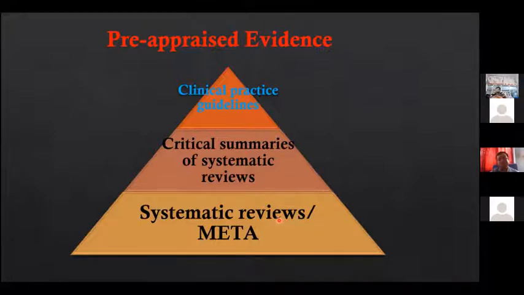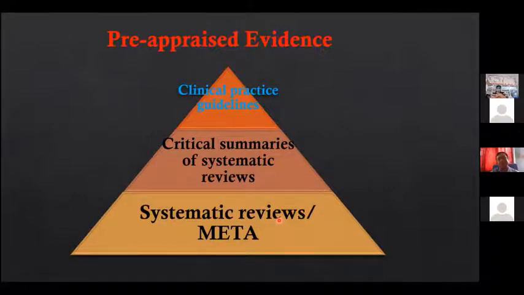All of you have done a review of literature. These systematic reviews are an advanced form of that literature review. In this, all the articles are combined together, and then all these articles are considered to be one article and one study, and then a conclusion is drawn.